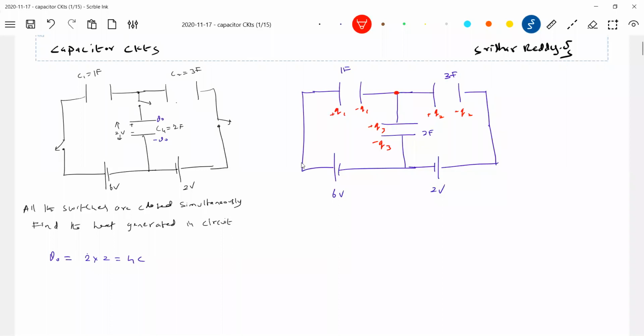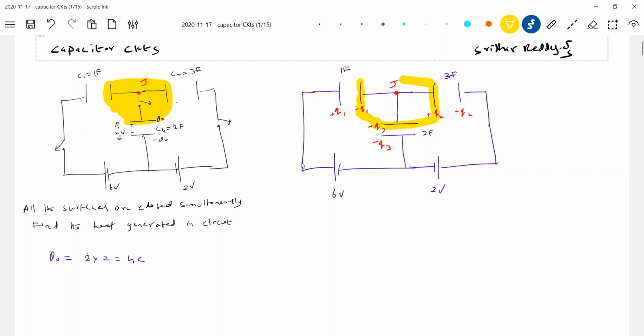Look at this particular junction. The moment you close the switch, what will be the charge of this junction? Junction means here you should bother about. I'll shade it. We have an option of colors, no?